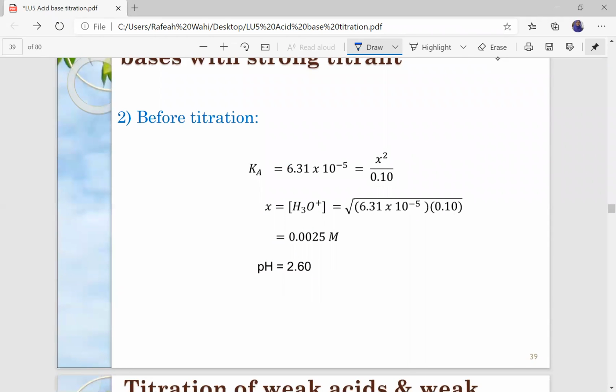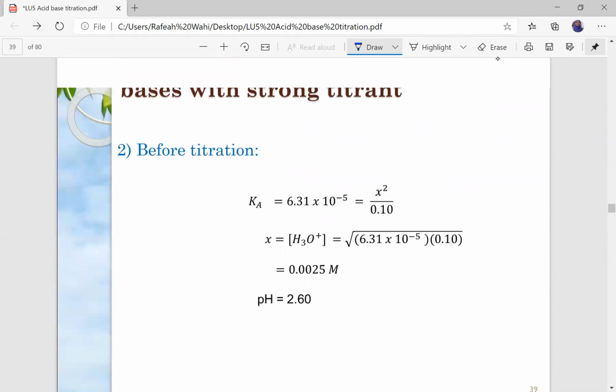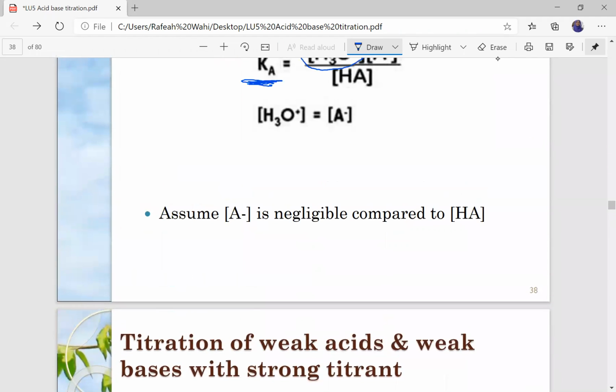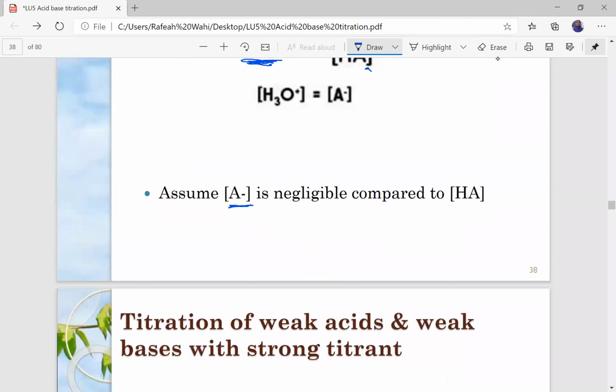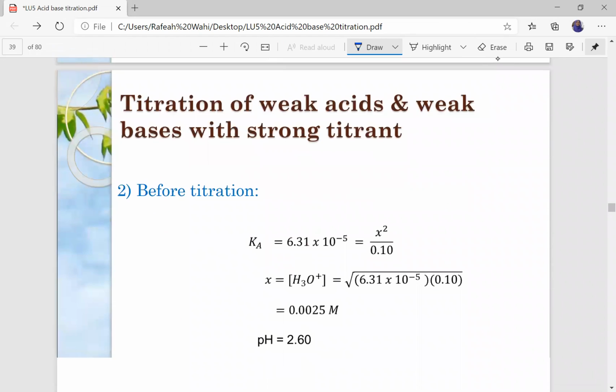Ka equals the concentration of hydronium ion times the concentration of conjugate base divided by the concentration of weak acid. So you assume that the conjugate base is negligible compared to the acid, but you still know that it's X.